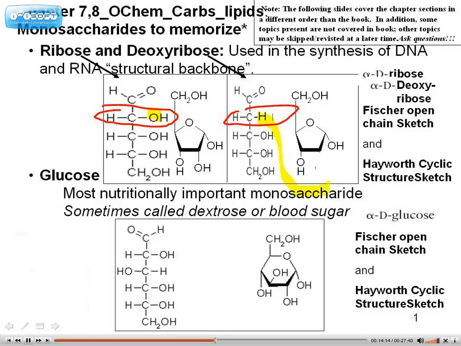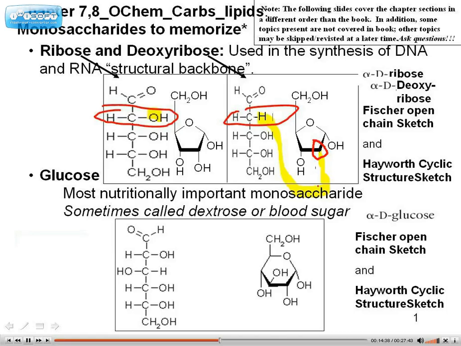If you're to draw the Haworth structure, notice there is no alcohol group represented. Technically, in the Haworth structure, this part right here is considered line angle, and there's two hydrogens on this portion of the molecule. It's just implied, like any line angle structure.